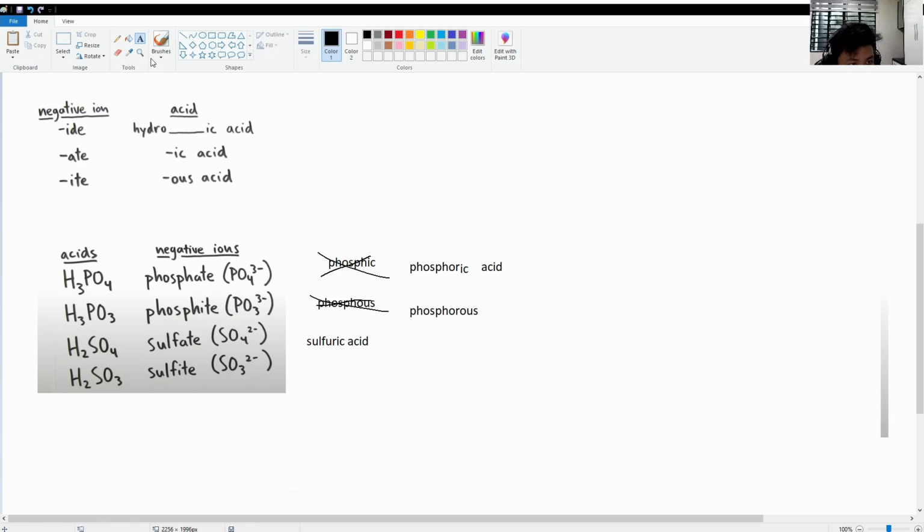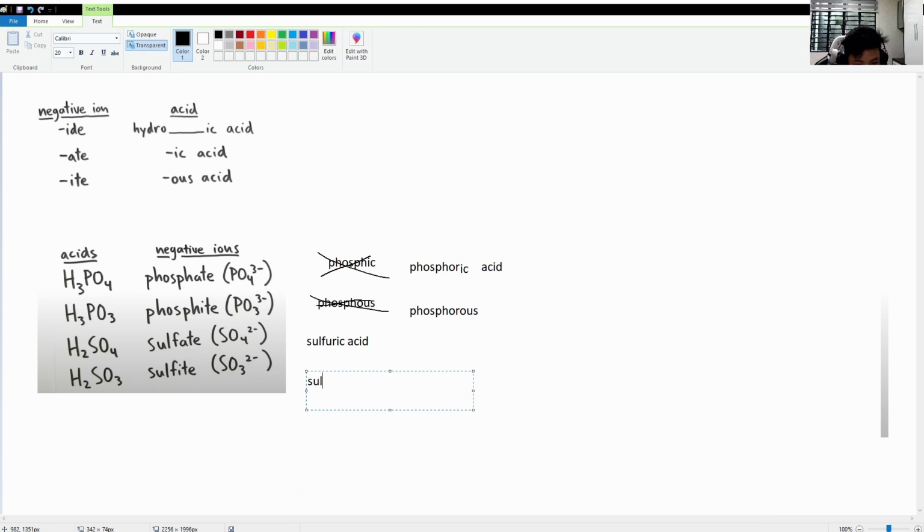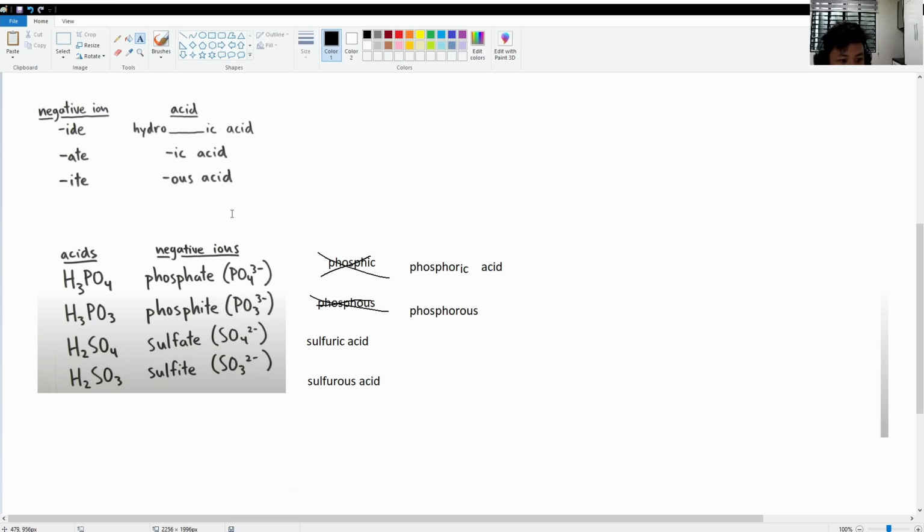For sulfite, it's just the same, sulfurous acid. So this is how to name some acids that don't go by the rules. You just need to add two letters, OR and UR: for sulfur, UR, and for phosphate, OR.